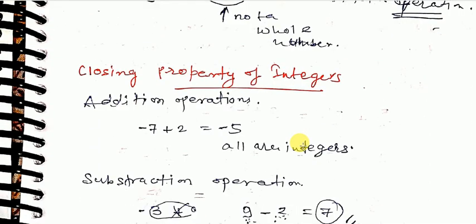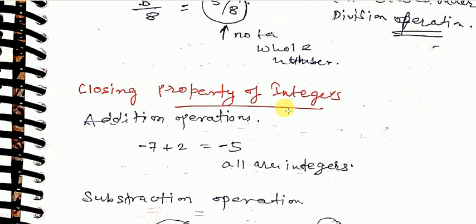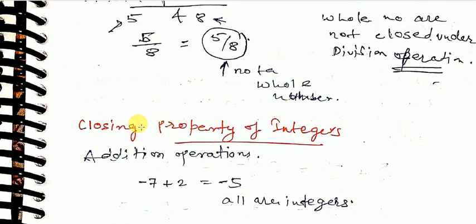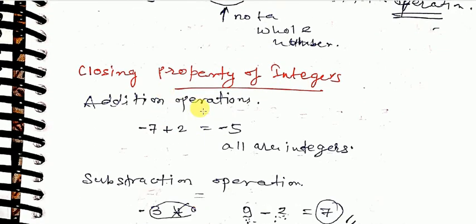So let's check the closure property of integers. Like we have checked the closure property of whole numbers, we will check the closure property of integers. In addition operation, we can logically think that if we add two integers, their summation will always be an integer. Like I have taken one example, -7 and 2. If we add these two, their summation is an integer.